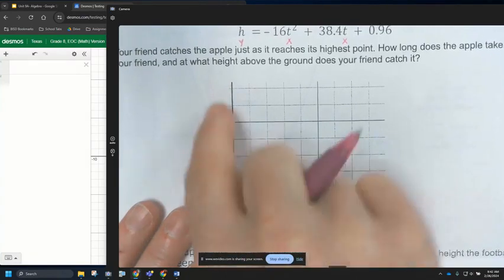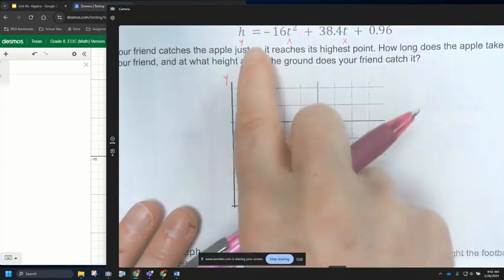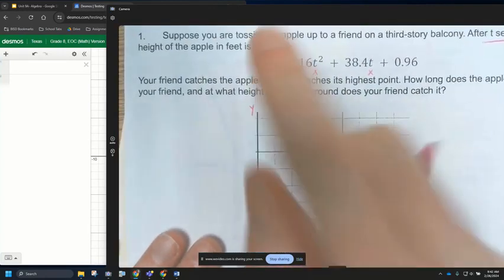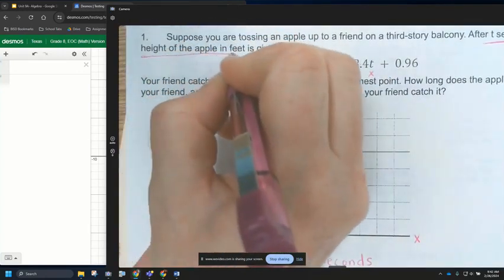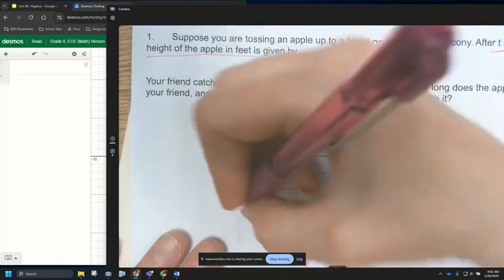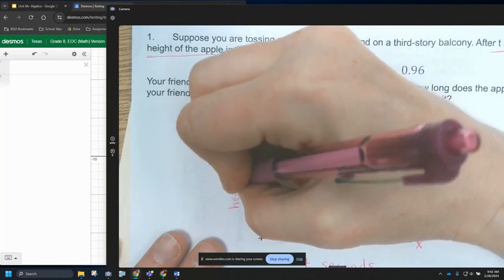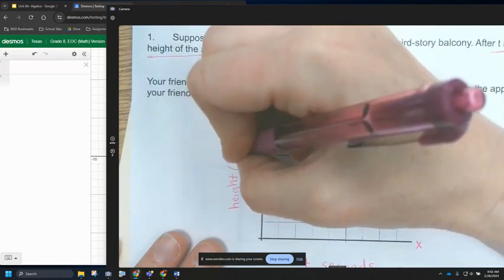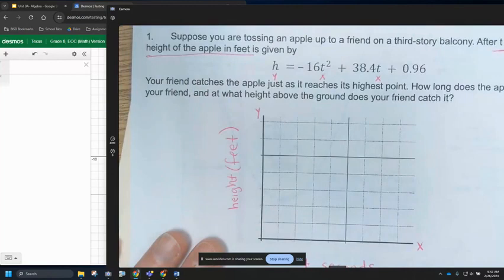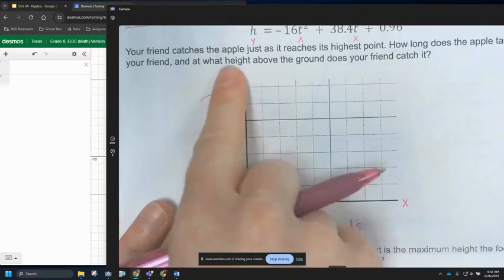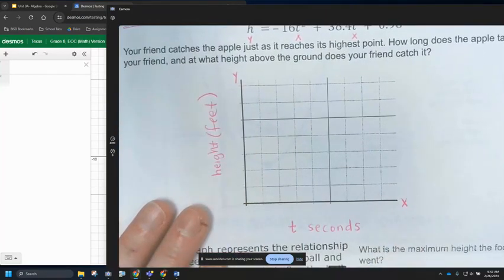And then our y-axis is h. So let's look at what h stands for. H stands for height of the apple in feet. So I'm going to write height in feet. And I left some room so I can put some numbers here. I need my units.